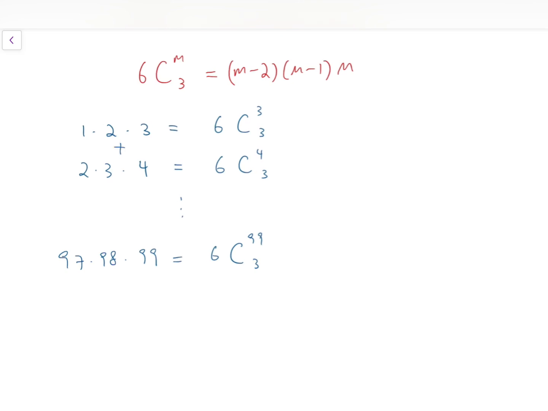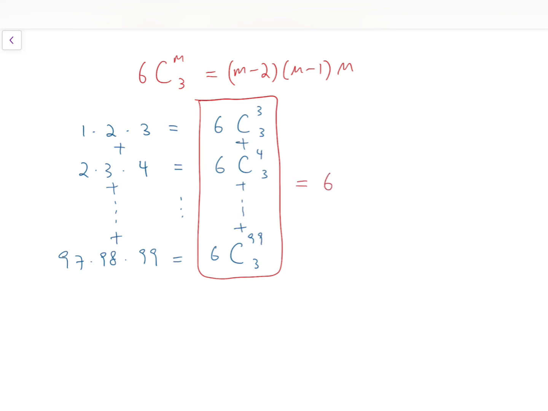And if we add them up, it is equal to adding these binomial coefficients, and for this I can first take out the 6.